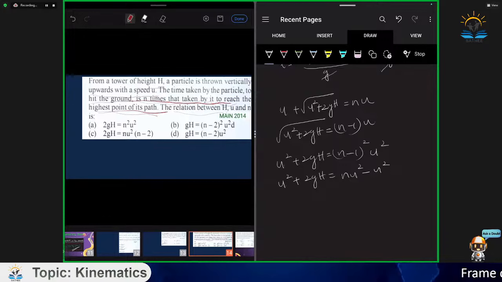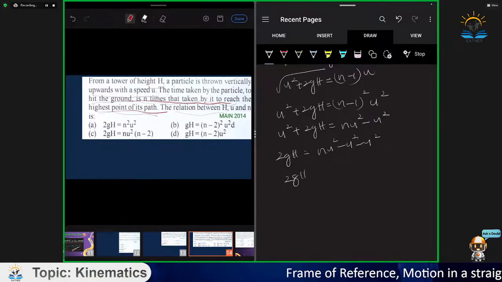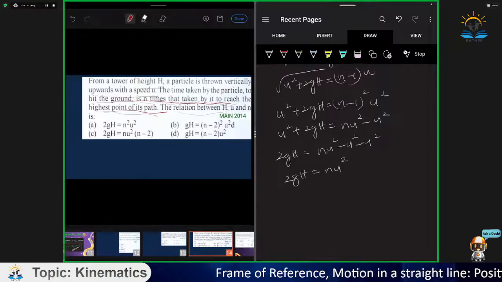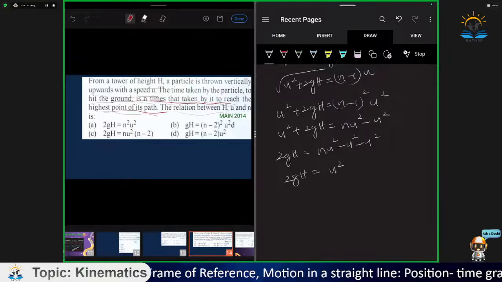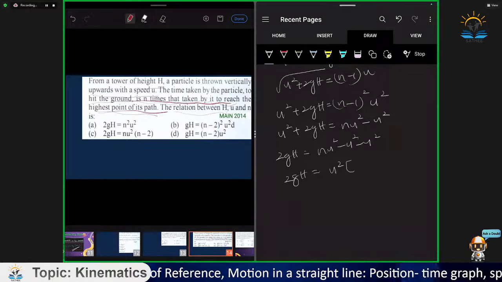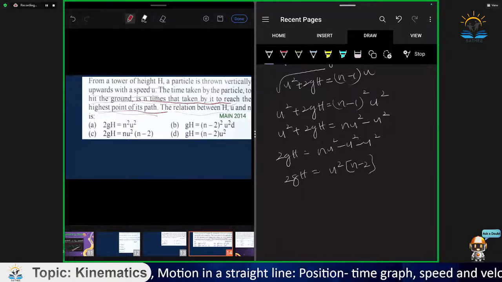Simple. So 2gh will be n minus 1 whole square u square minus u square. So u square is common everywhere, so u square into n minus 2.